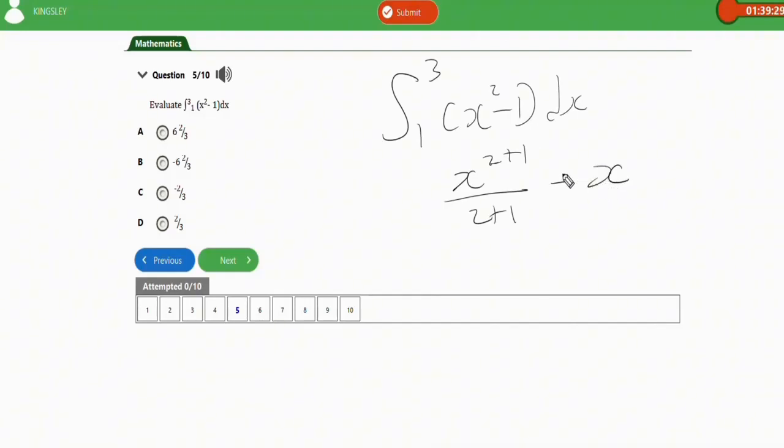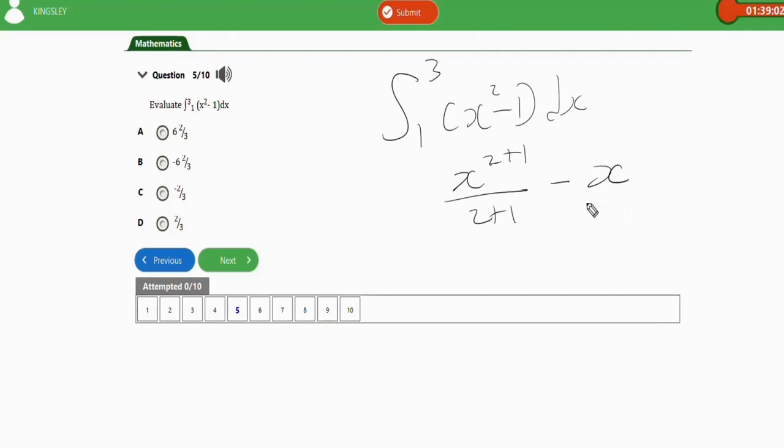A constant like 5 will give you 5x. A constant like 2 will give you 2x. In maths, a constant can be defined as a value that does not have a variable attached to it. This is one of the ways you can define a constant in maths.